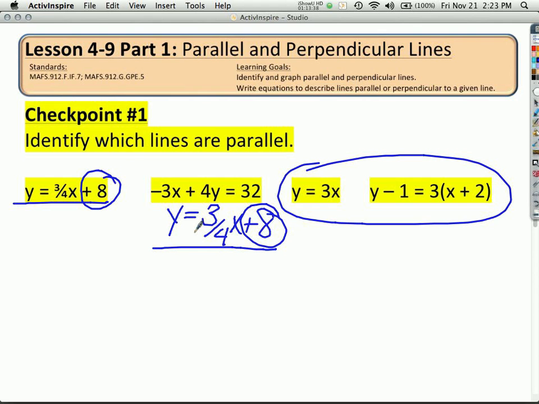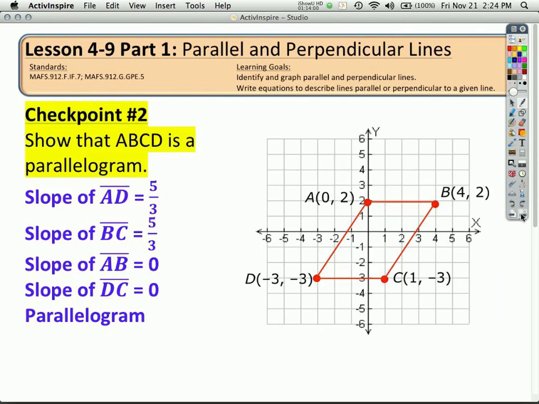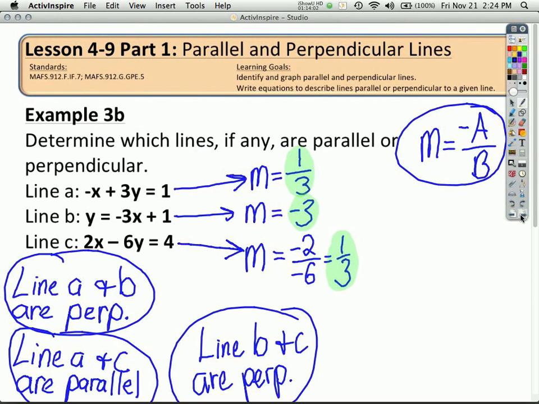The opposite of A over B here is 3/4, and we would have said those two are parallel, but they're not really because of the +8. So sometimes you might need to check a little bit. Any comments or questions?